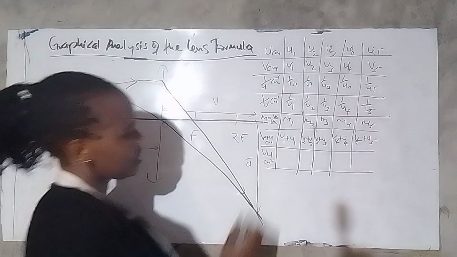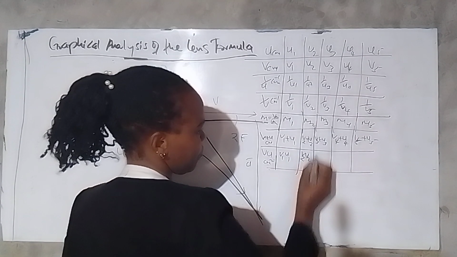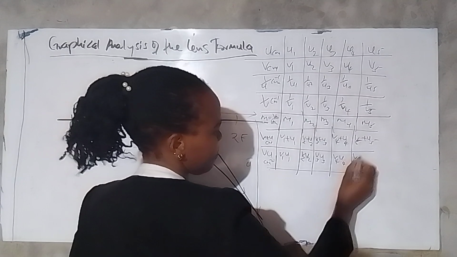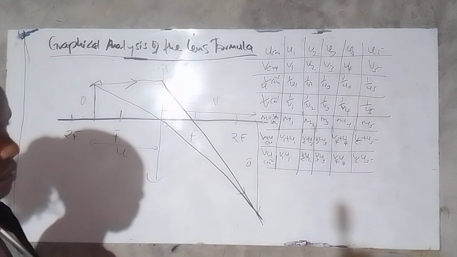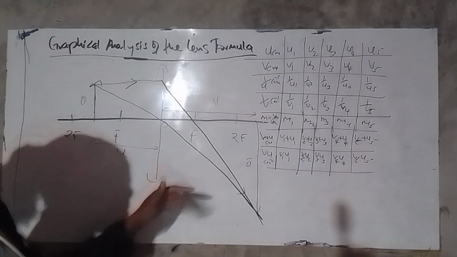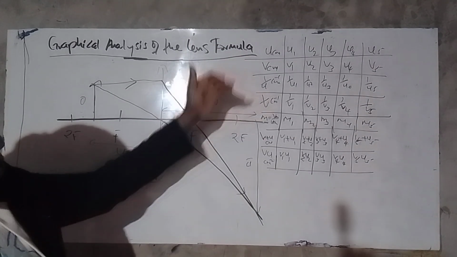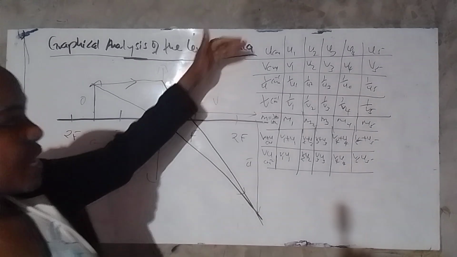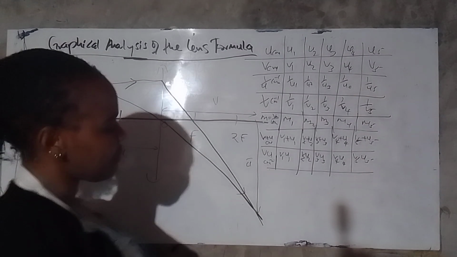So this is V1U1, V2U2, V3U3, V4U4, and V5U5. Now, all of these are coming from the same experiment, because all of them are coming from U and V. V plus U, UV, or V over U to get magnification, all of them we are getting from U and V. Now, the mirror formula, let's go back.